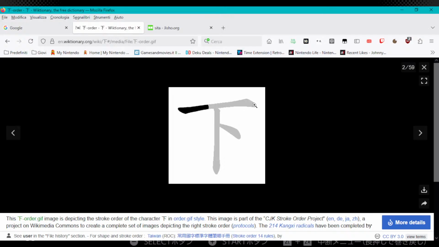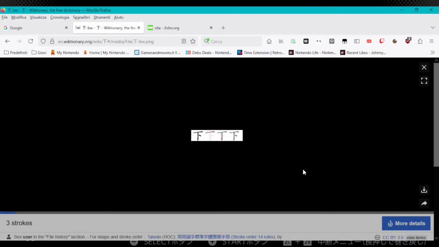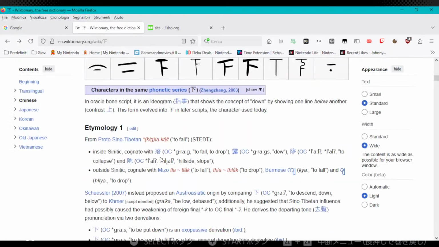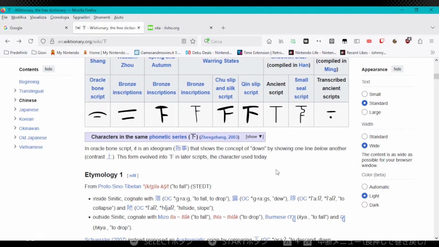Left to right, top to bottom, and then this big comma. Left to right, top to bottom, the big comma. Or another left to right stroke, if you prefer. As you can see also here with the arrows. And this is also an ideogram.